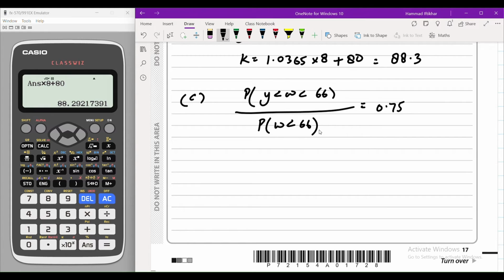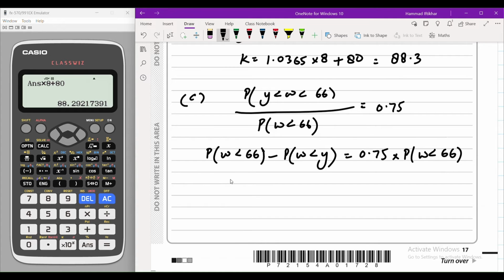So before we jump into anything, we need to convert these into standard values. So the probability of w less than 66 minus the probability of w less than y equals 0.75 times the probability of w less than 66.